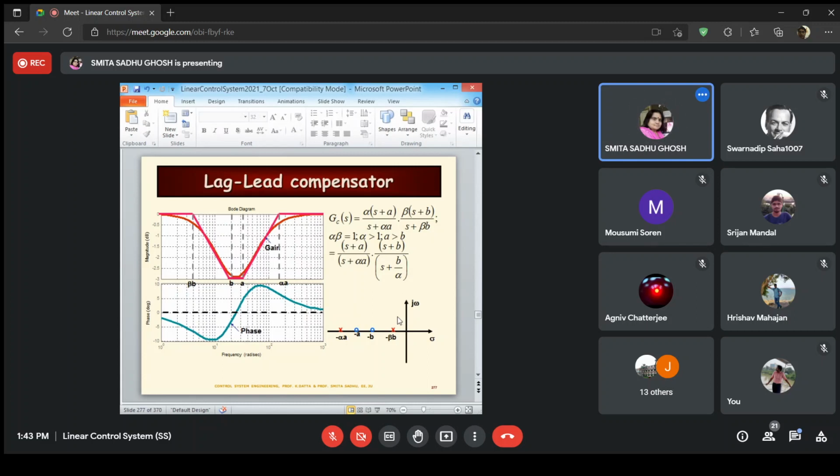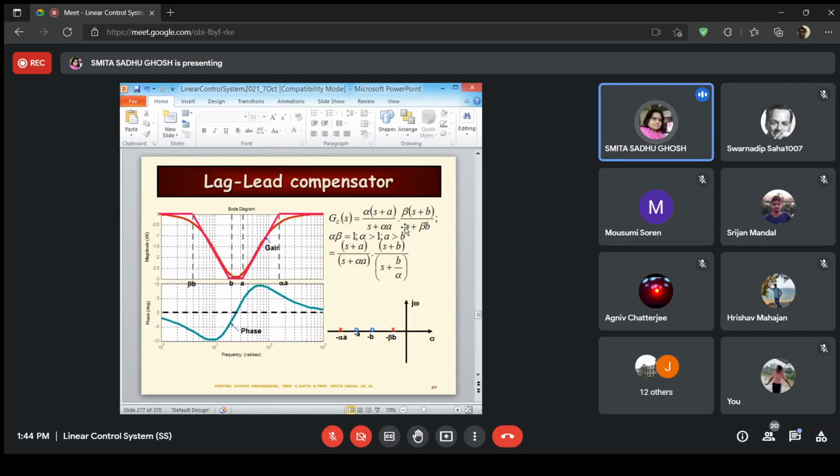Since the value of alpha into a product is the largest, you can say, as far as the corner frequencies are concerned, you can see from this transfer function that there are 4 corner frequencies.